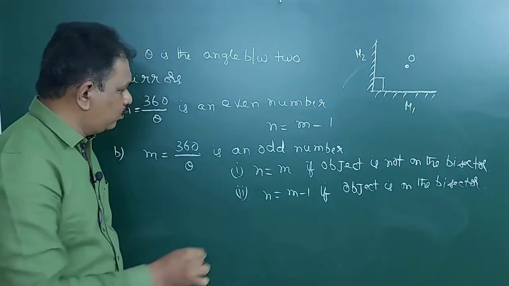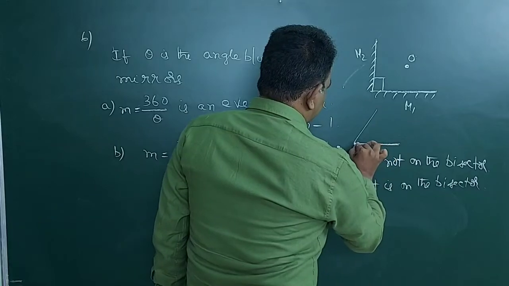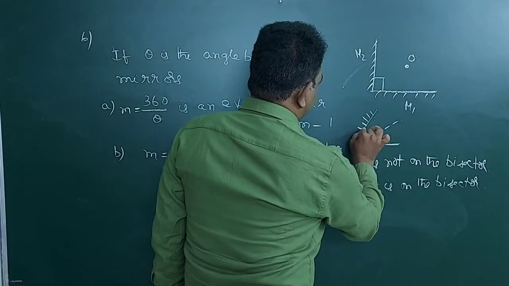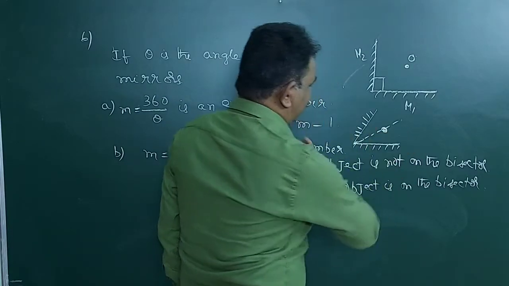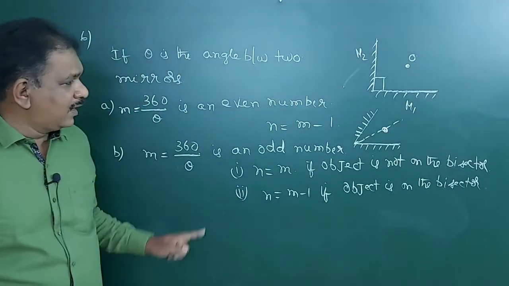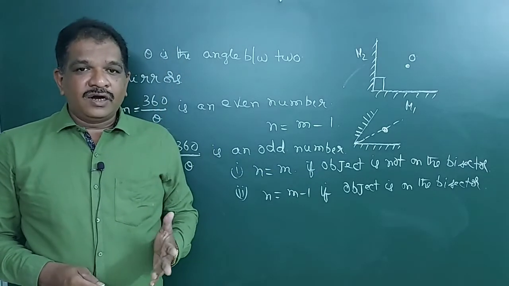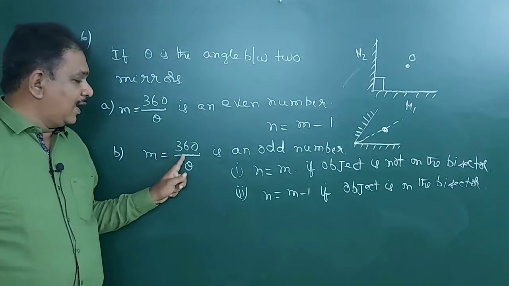See, two mirrors are there like this. This is the bisector. This is one mirror, this is another mirror. Here one object is there. For example, the angle between the two mirrors is 40 degrees. 360 by 40 will be 9.